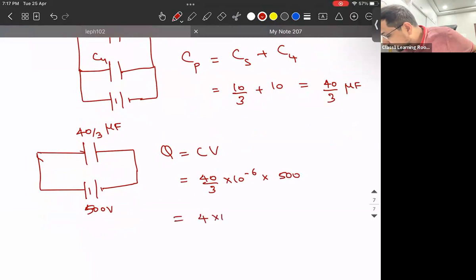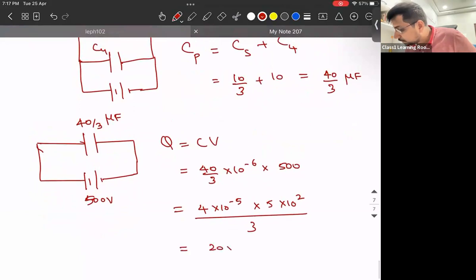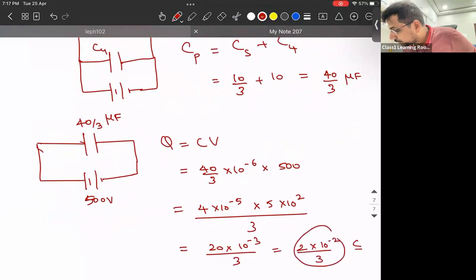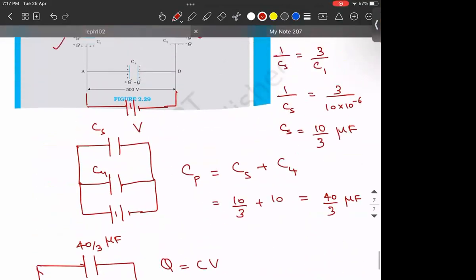So it is 4 into 10 power minus 5 into 5 into 10 power 2 divided by 3. So how much is it going to be? 20 into 10 power minus 3 divided by 3, or 2 into 10 power minus 2 divided by 3 coulomb. So this is the amount of charge that is supplied by the battery. Am I clear? Yes, sir.